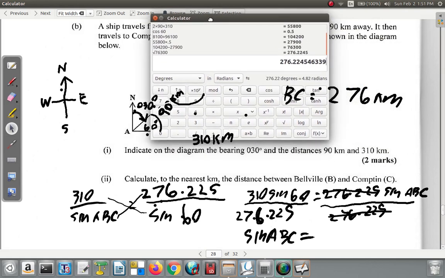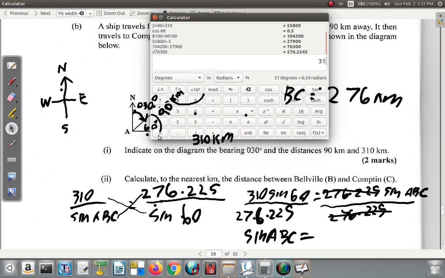Let me move the calculator here. 310 multiplied by the sine of 60, that's 268.4678 and so on, divided by 276.225, equal.